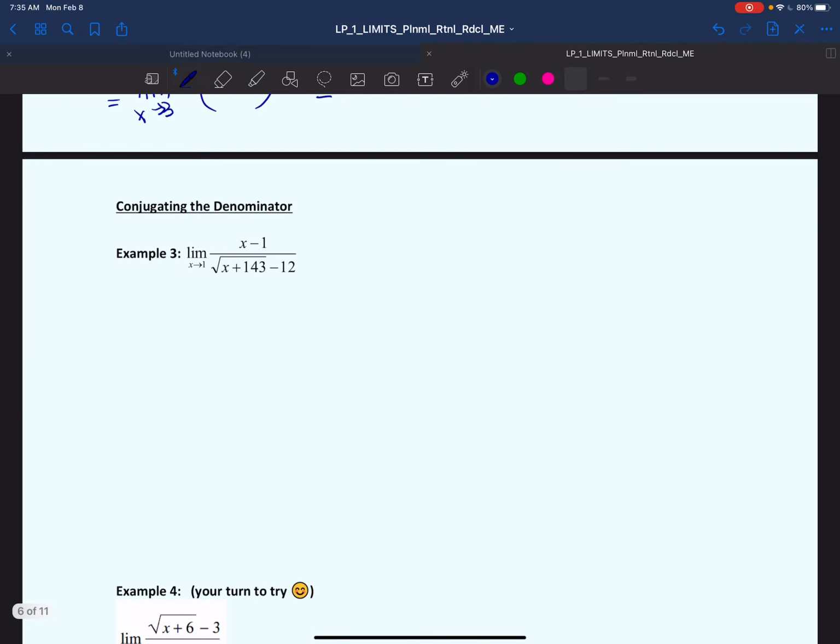This time we're conjugating the denominator. Example 3. Since the radical is in the denominator, we need to conjugate the denominator. Notice how if you substitute x by 1, we're going to get 1 plus 143, which is 144, square rooted 12 minus 12, 0. Not possible. So we're going to multiply both numerator and denominator by the conjugate of the denominator this time.